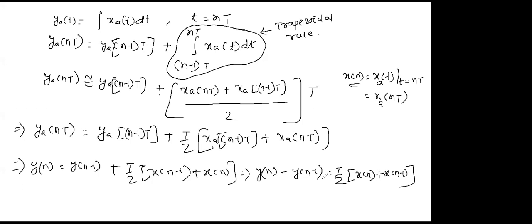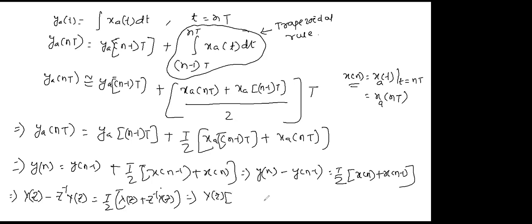There is no doubt. Then what to do? If you want to find the transfer function, simple. Take Z transform both sides. Then what will we get? Y of Z minus Z inverse Y of Z equals T by 2 times X of Z plus Z inverse X of Z. It's very simple.